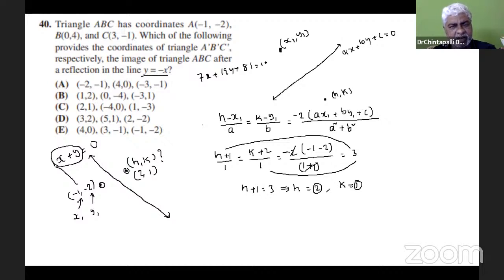In this case, we cannot draw the graph. Of course, we can draw, but in that short time, we can't draw a graph for this line. So in that case, we should use the standard formula. This is called the image formula.